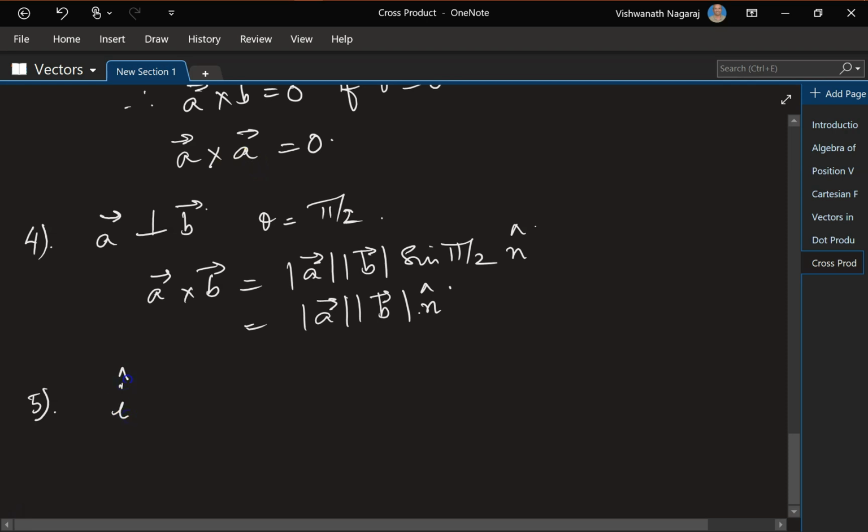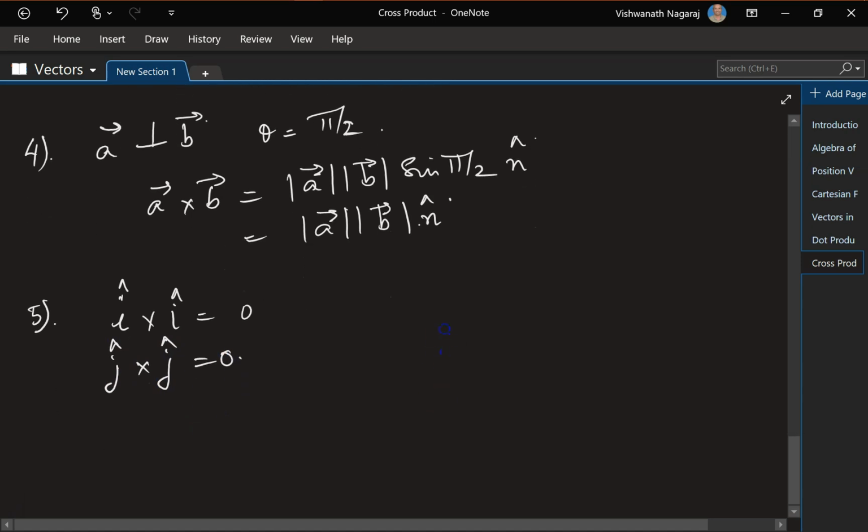that we can use, I cross I is going to be what? A cross A is equal to 0, remember? So I cross I, J cross J, and K cross K. I cross J would be equal to, now remember here, the angle between I and J is 90 degrees.